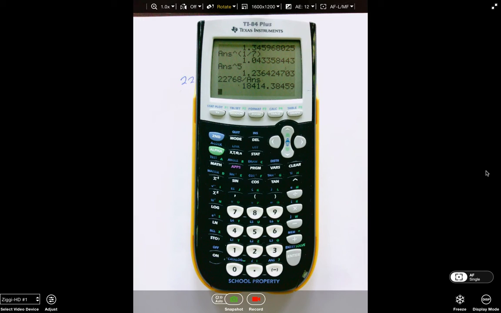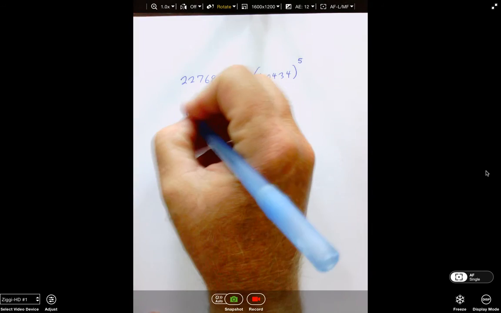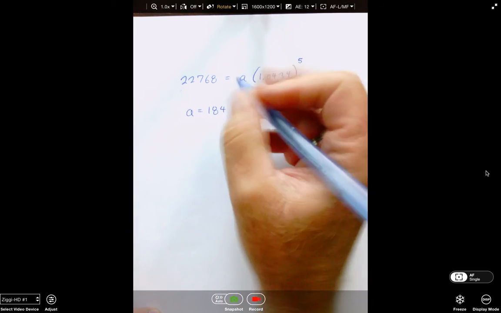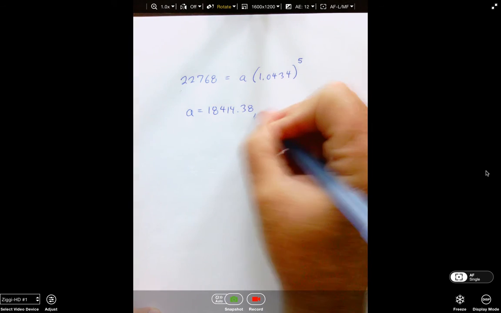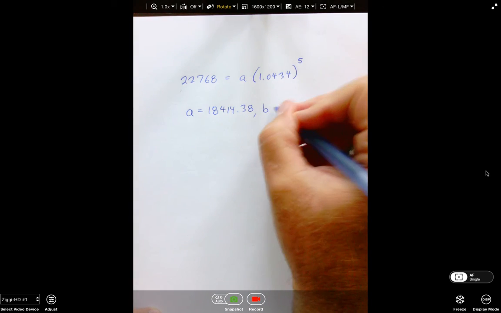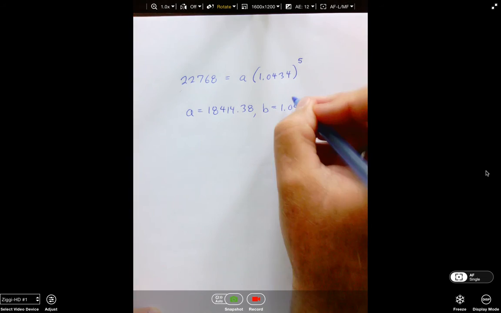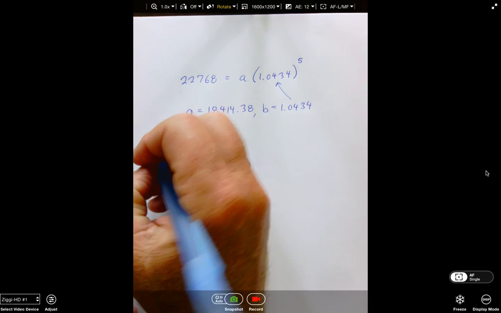So I get 18414.38. And I know that my b is 1.0434. So what do I know?